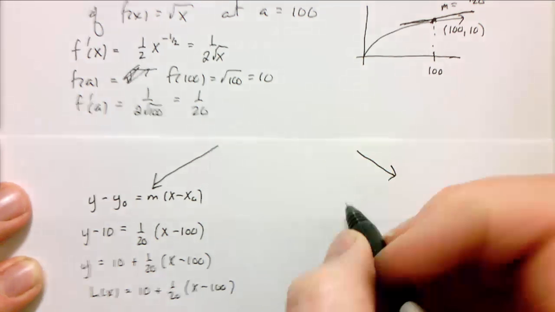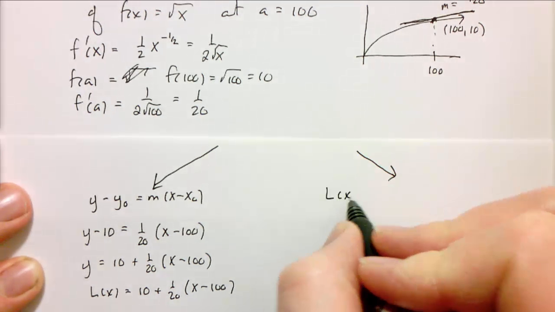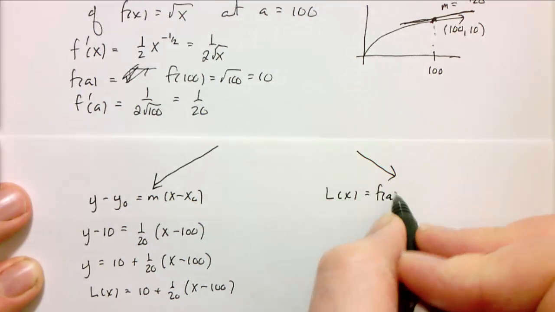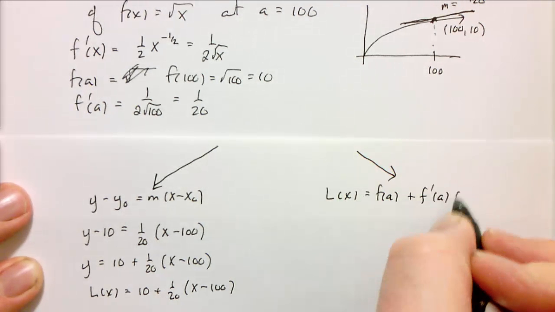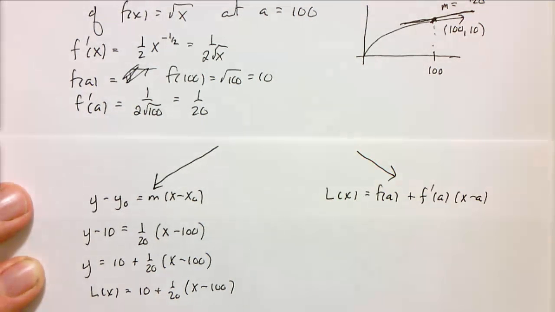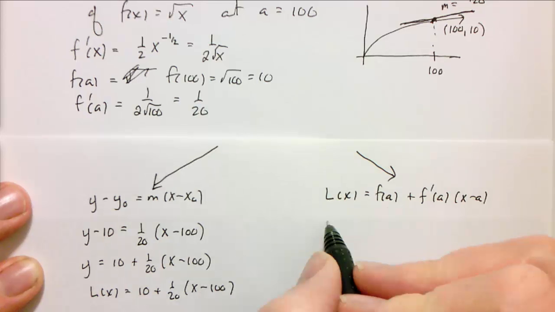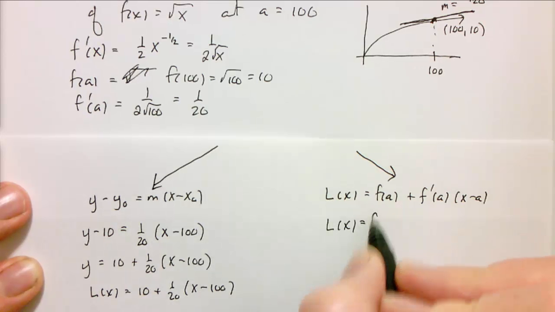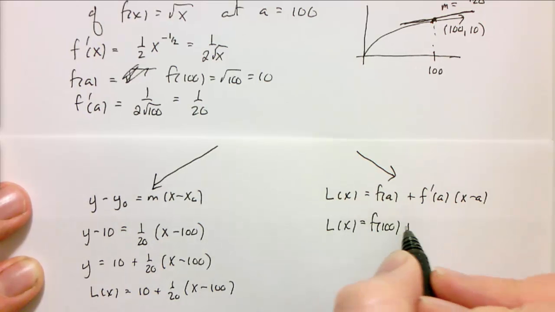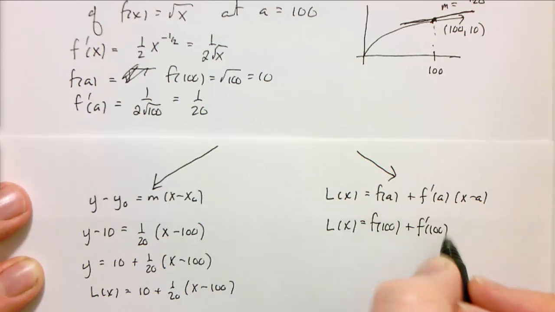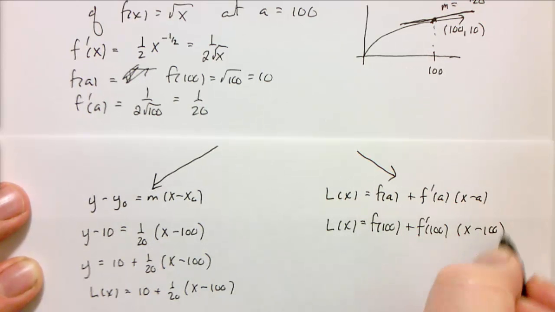The new way is to start with our template for finding the linearization, and then just plug in. So this says L of x equals f of 100 plus f prime at 100 times x minus 100.